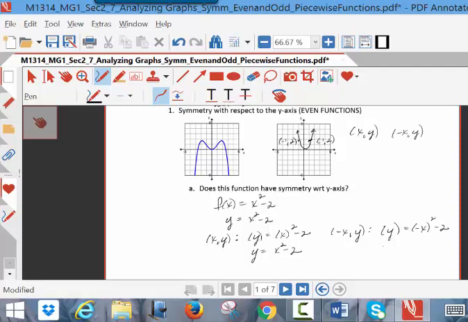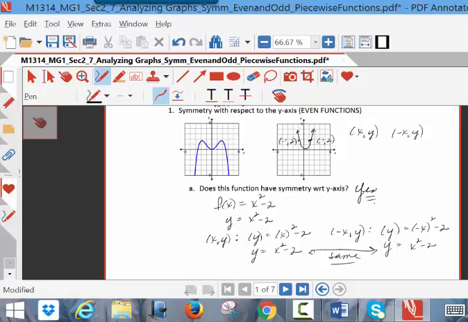So this is going to become y equaling, well, a negative 1 squared is positive, so this is a positive x squared minus 2. If the equation remains the same, non-altered, in other words, if these two are the same, and they are the same, then yes, this equation, this function will have symmetry with respect to the y-axis.